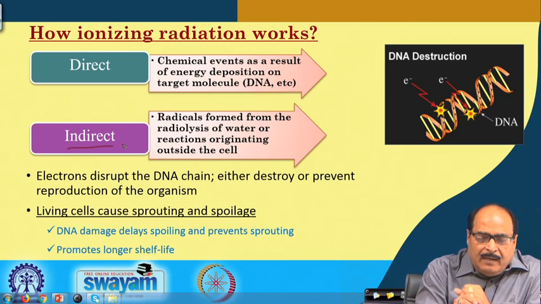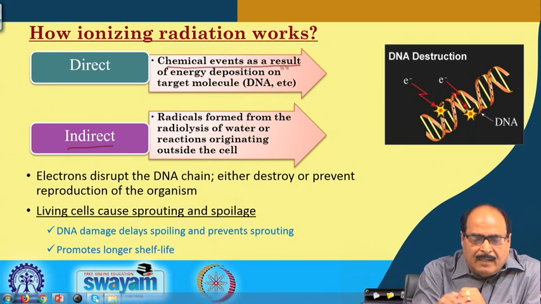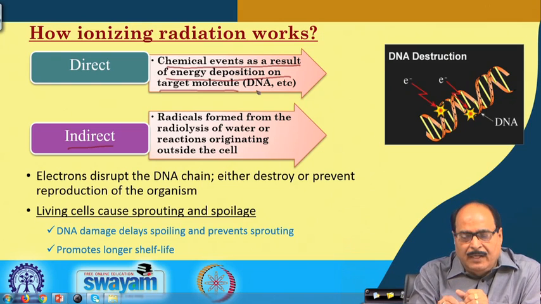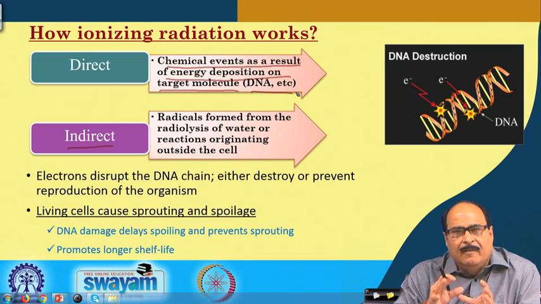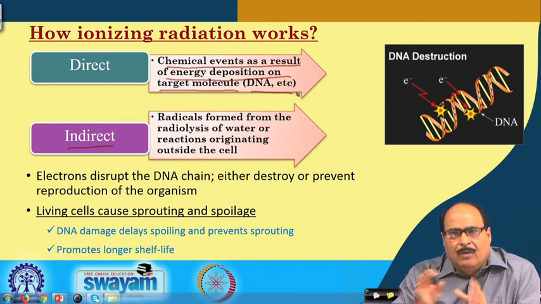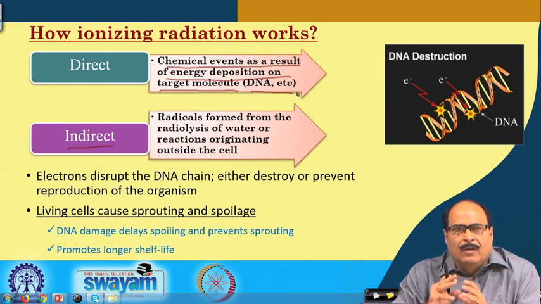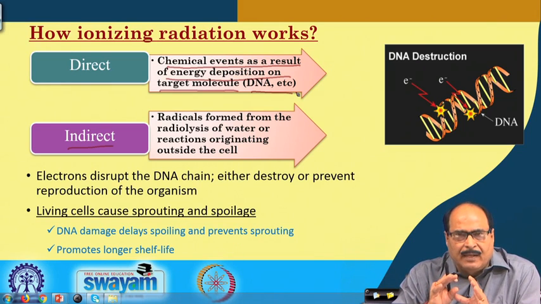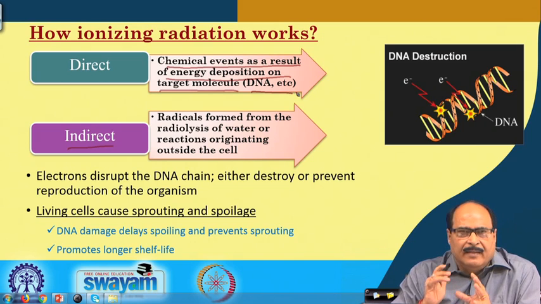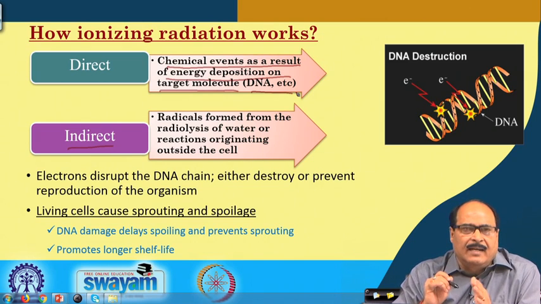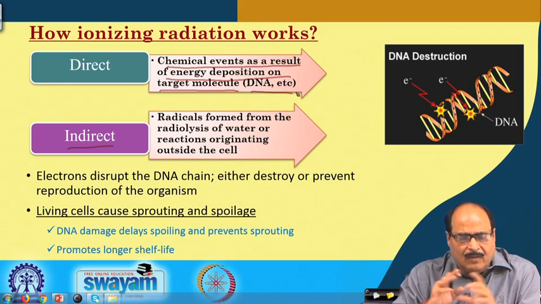So, the chemical events occur as a result of energy deposition on the target molecule, DNA etc. This theory is applicable to single-cell microorganisms and the destruction kinetics of microorganisms through radiations.